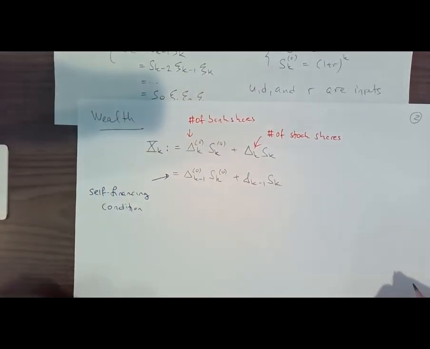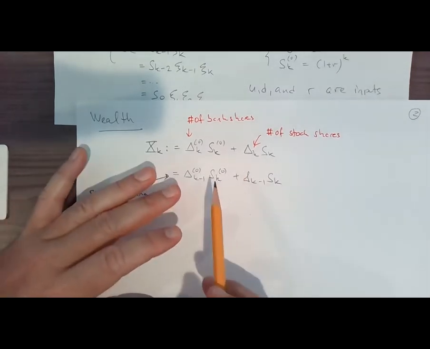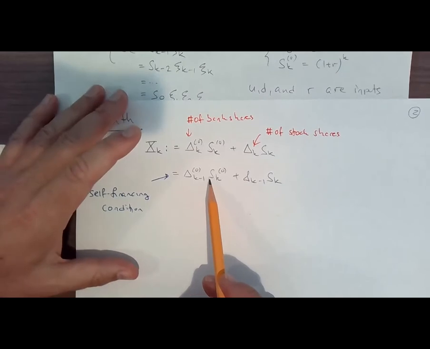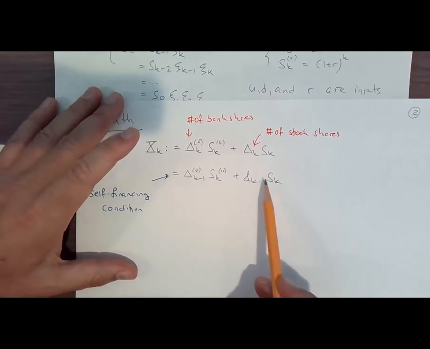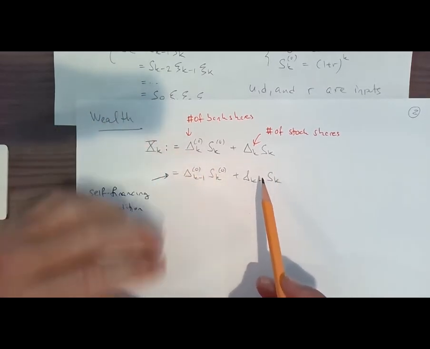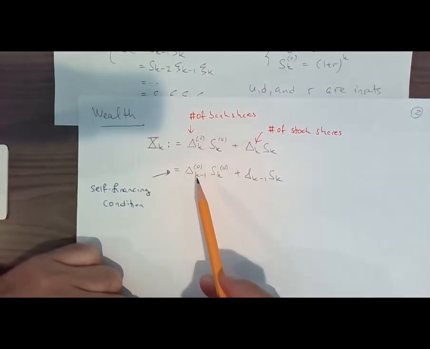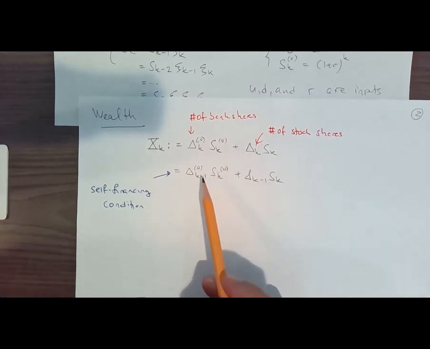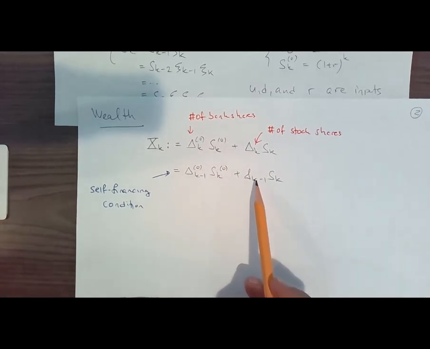So what it means is that when you're rebalancing, moving the number of shares in the bank and in the stock, you're not going to create new wealth. So the wealth after trading is exactly the same as wealth before trading at time k.